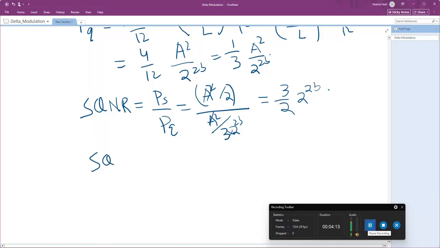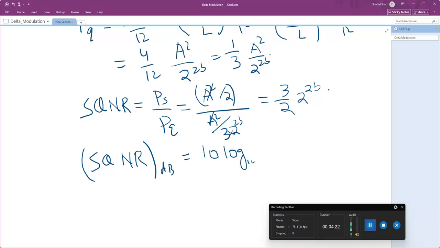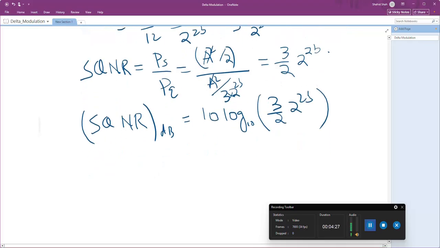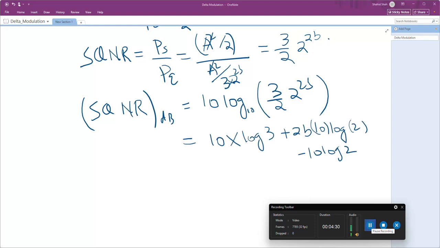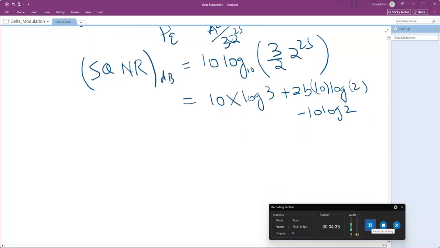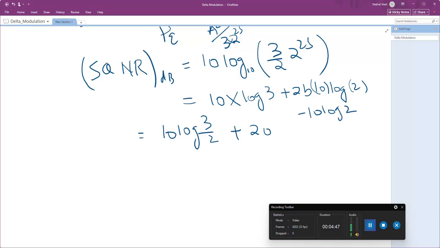And in dBs, SQNR in dBs is 10 log to the base 10 of this quantity, 3 by 2 times 2 to the power 2b, which we can simplify like this. By using the logarithmic relations, log of A by B is log A minus log B, and similarly log of A to the power n is n log A. So this becomes 10 log 3 by 2 plus 20 log 2 to the base 10, times b.